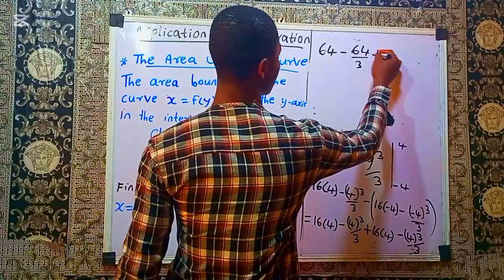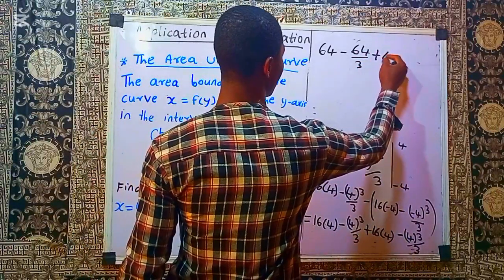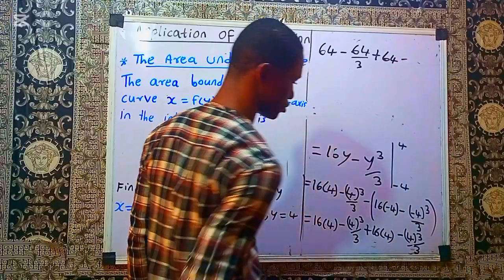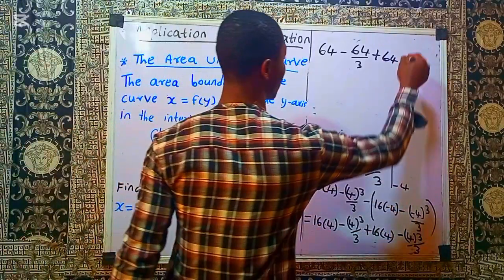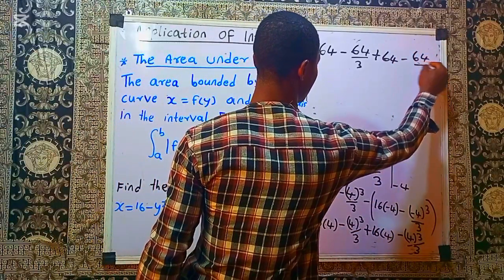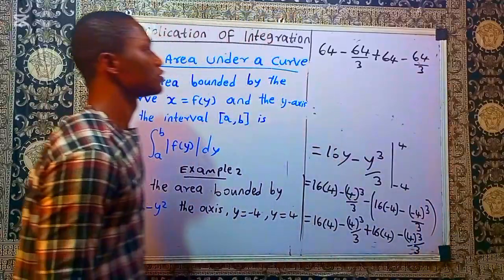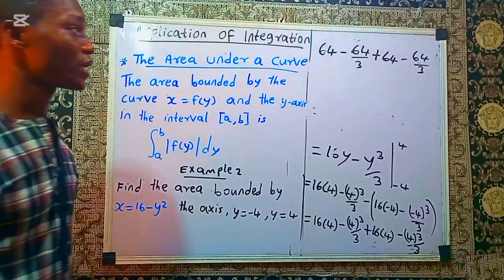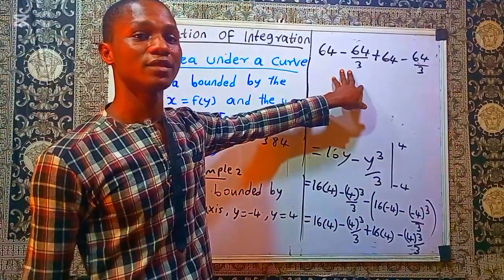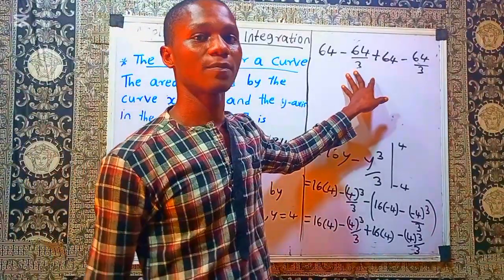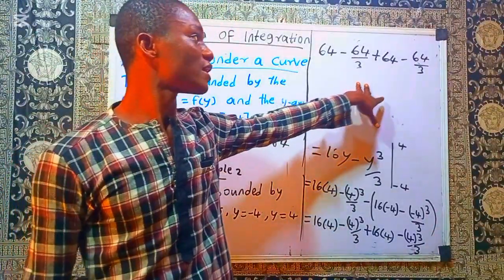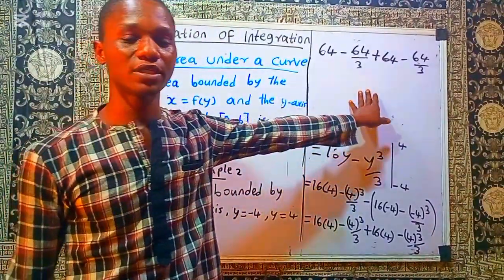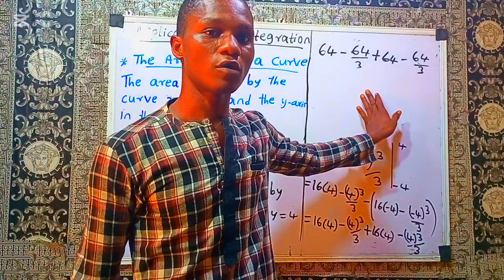Then plus 16 times 4 is 64, minus 4 raised to power 3 is 64 over 3. So this is basically what we have. Then if you simplify this further, you are going to get the final result, which will give you the area under this curve.